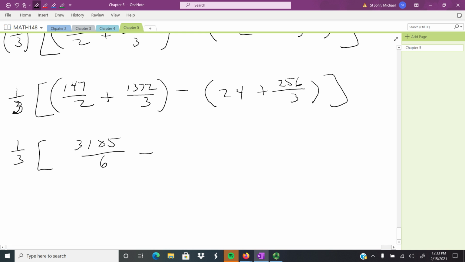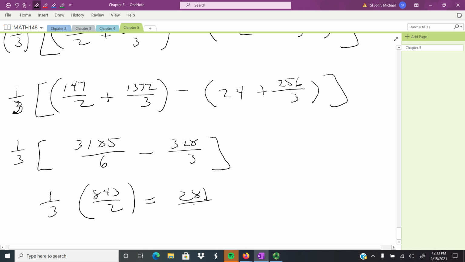This side will give us 328 over 3. And then when we do that out, we'll end up with 1/3 times 843 over 2, which will simplify to 281 over 2. Okay? And that will conclude this video.